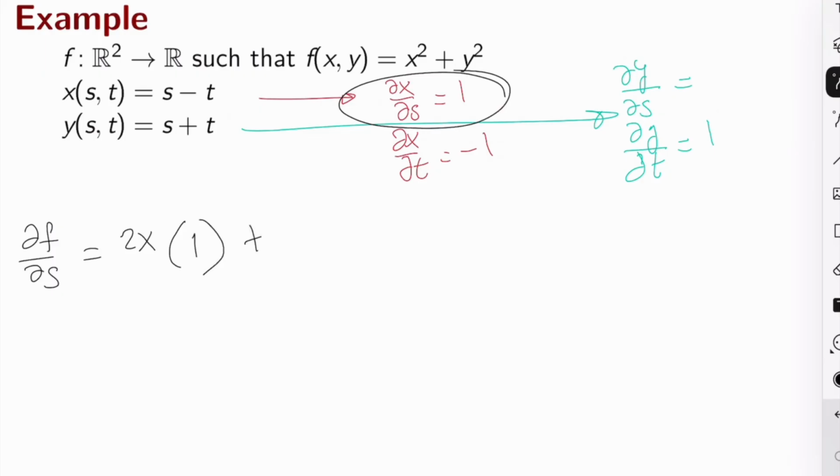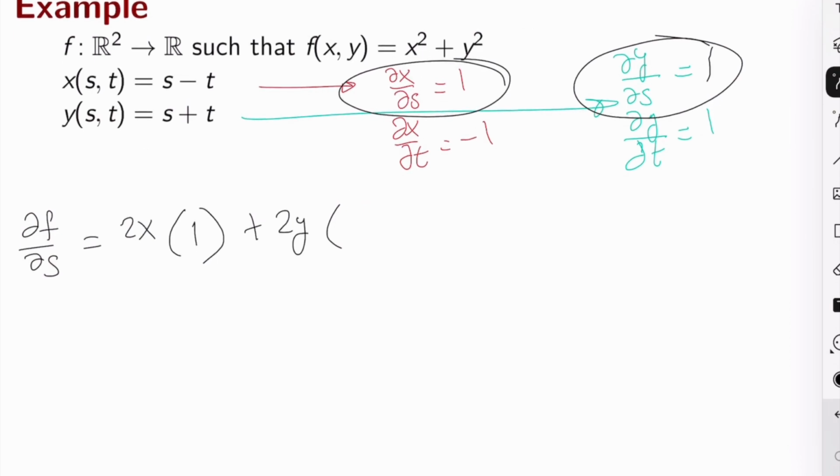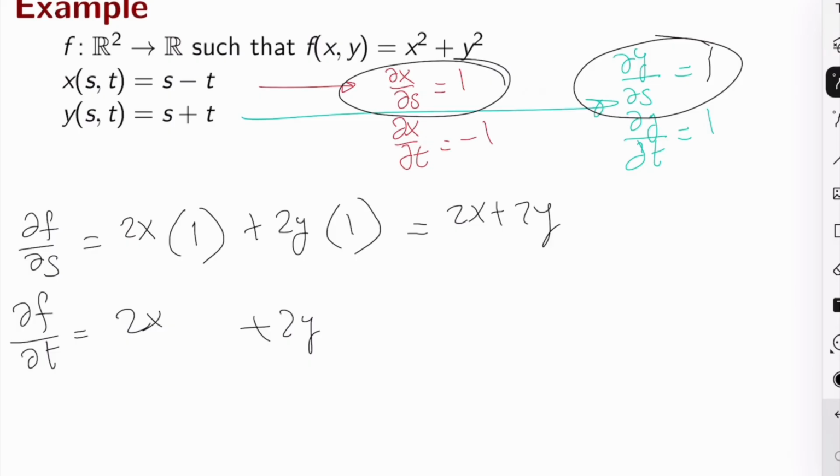And then plus the derivative with respect to y, that is 2y times the partial with respect to s, that I erased but was 1 there. And that's it, right? So this will be 2x plus 2y. And then the derivative of f with respect to t is going to be, again, 2x plus 2y. These are the same.